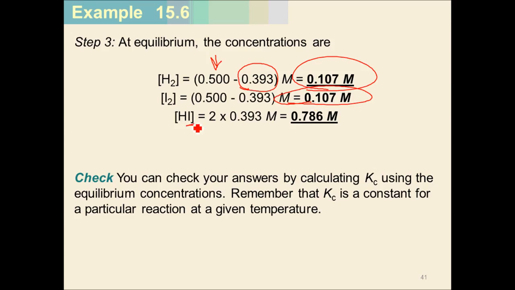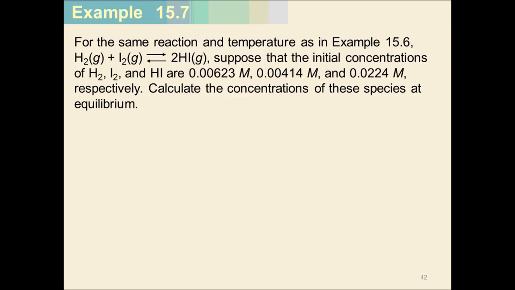The HI is 2 times X, so it's 0.786 molar. You can check your answers by calculating Kc using the equilibrium concentrations, meaning plug all those back into the Kc expression, and remember that Kc is constant for a particular reaction at a given temperature.